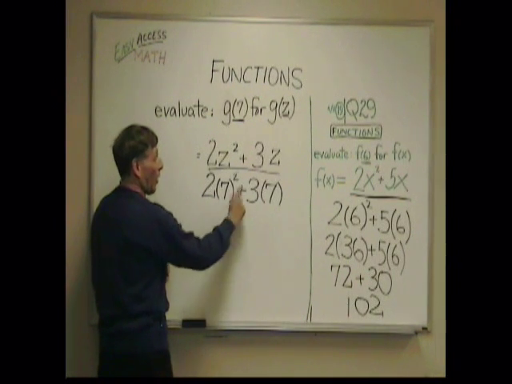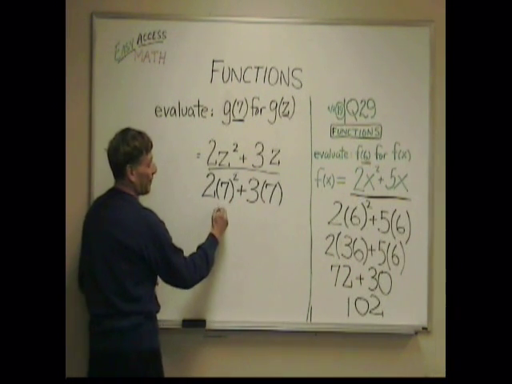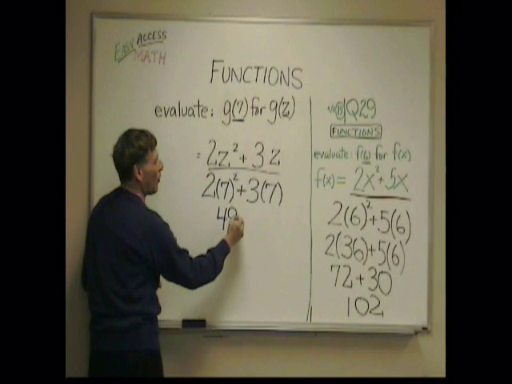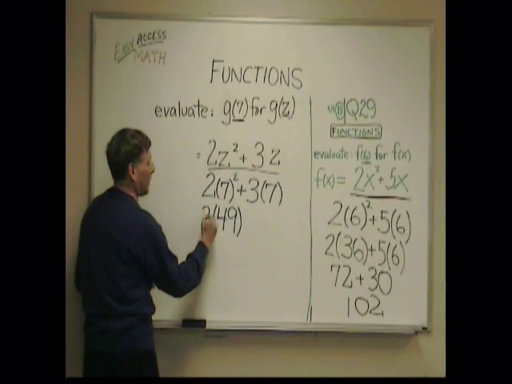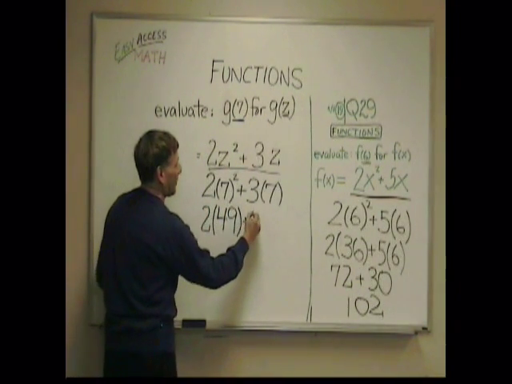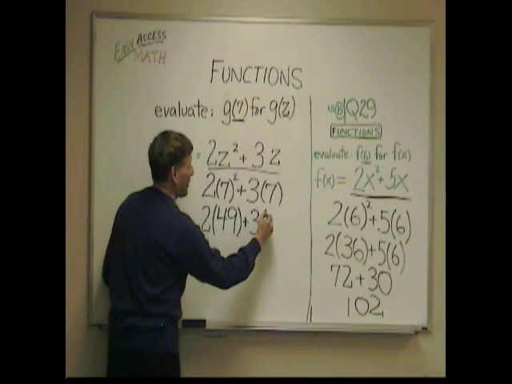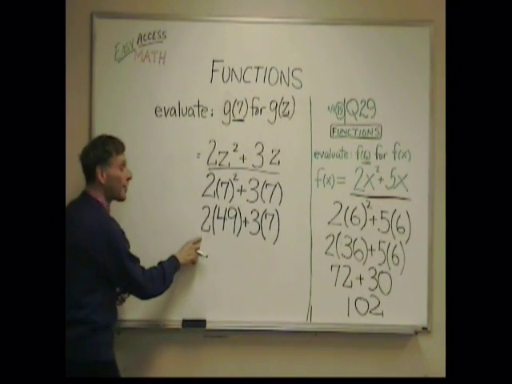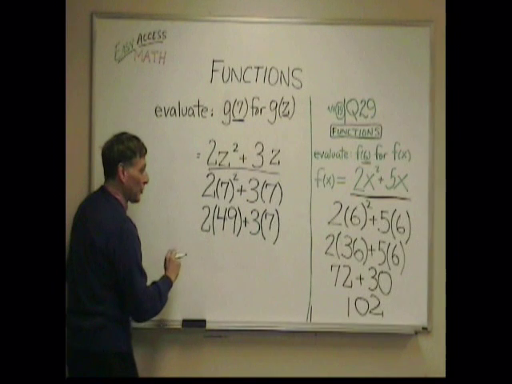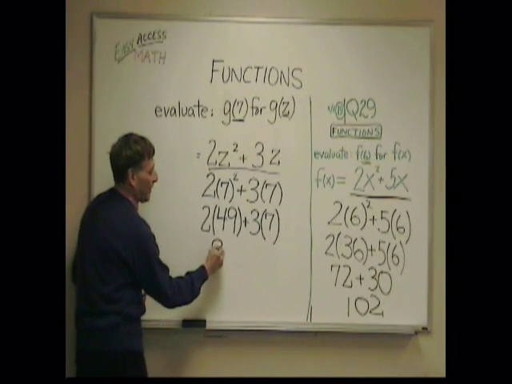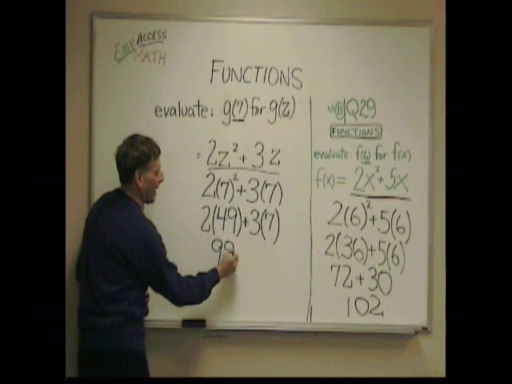So, order of operations says I do the exponent first. I got 49 over here, plus 3 times 7. I did my exponent first. Next, I do multiplication. I have 98, 2 times 49.